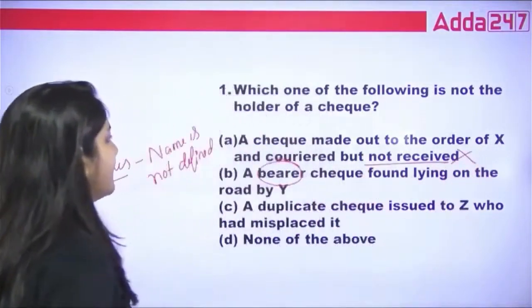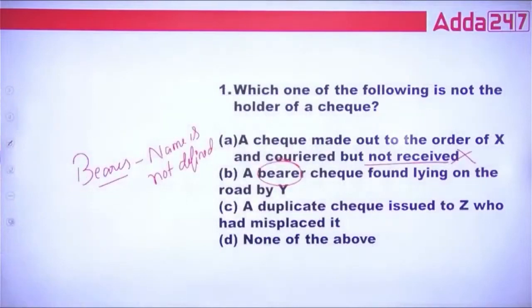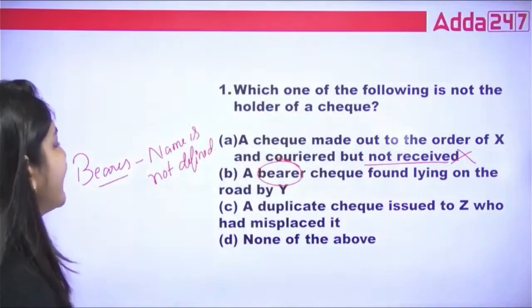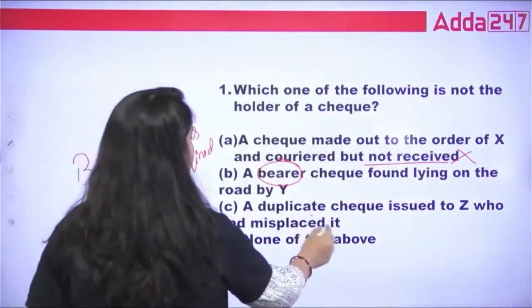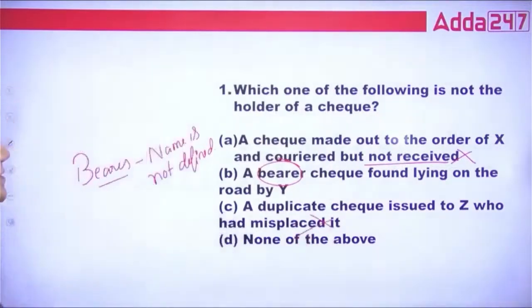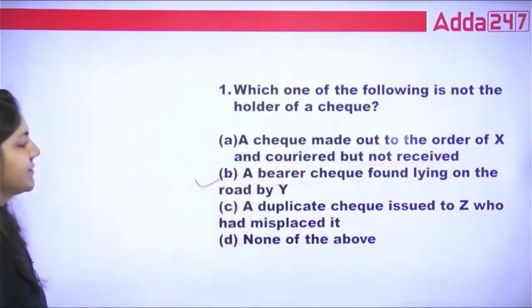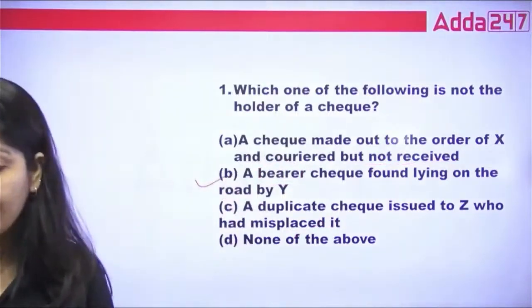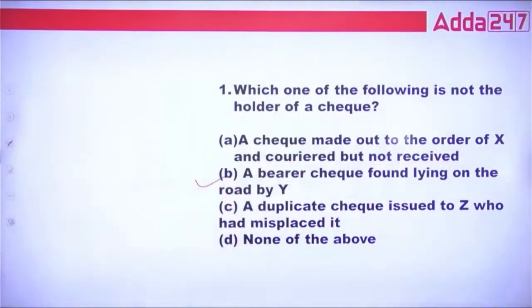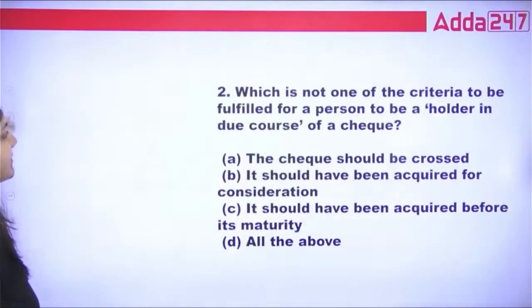A bearer cheque found lying on the road by X. A duplicate cheque issued to Z who has misplaced it. But the bearer cheque found lying on the road by X. So, bearer cheque: bearer means the name is not defined. B is the right answer. B is the right answer of the first question. Okay, bearer, that is, the name is not defined.